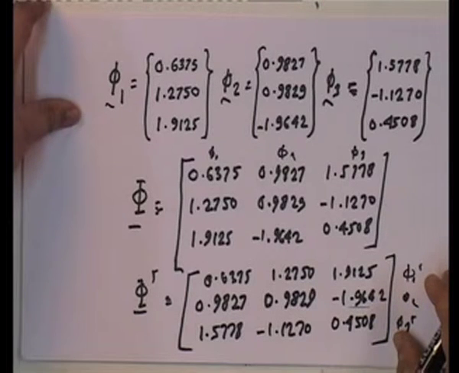Now, I have the mass matrix and the stiffness matrix. So, if I compute phi transpose M phi and phi transpose K phi, going through each of the multiplications, you will get the following.